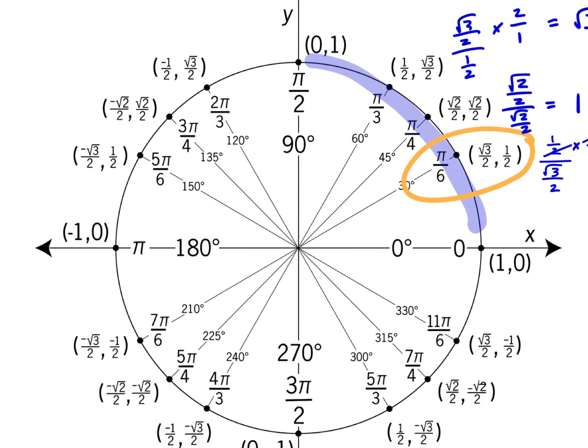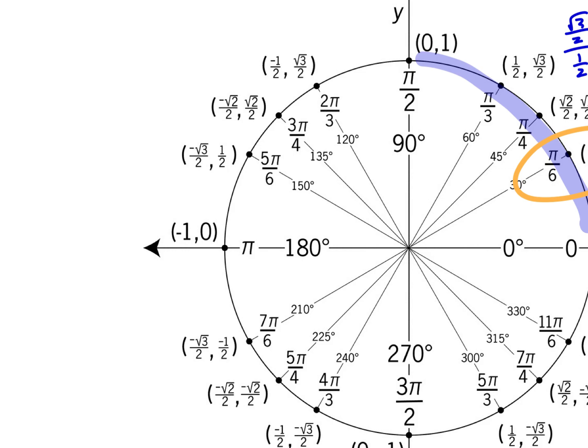So we want to check the other quadrants, but if it's pi over 6, it's going to be the ones with the same denominator. Here we're looking for positive and negative 1 over square root 3. So it's actually going to be all of the ones with 6 in our denominator. But we can do the math just to be sure. Let's do the same thing for 5 pi over 6.